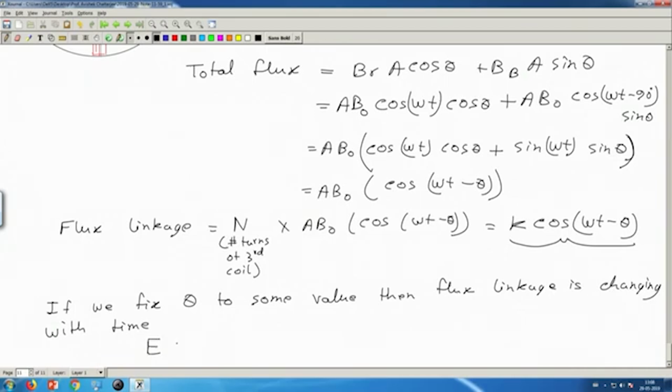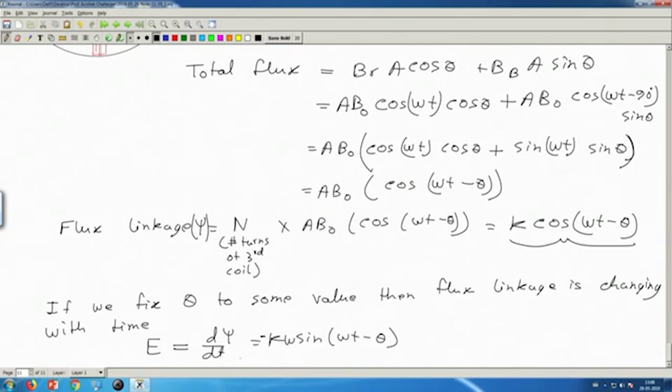So the induced EMF E will be equal to d/dt of this flux linkage, you call it psi. So k constant, the derivative of cos is minus sine, so minus sin(omega t minus theta) multiplied by omega.